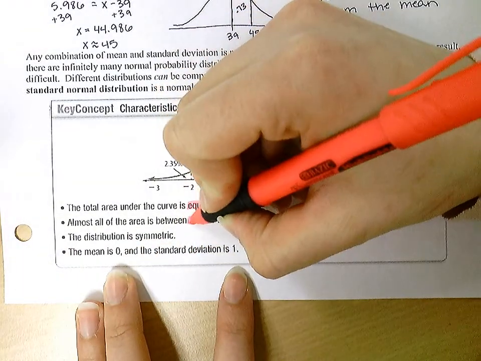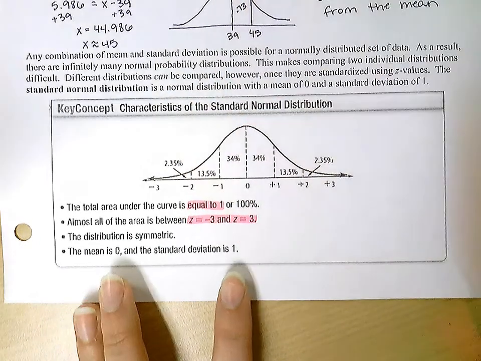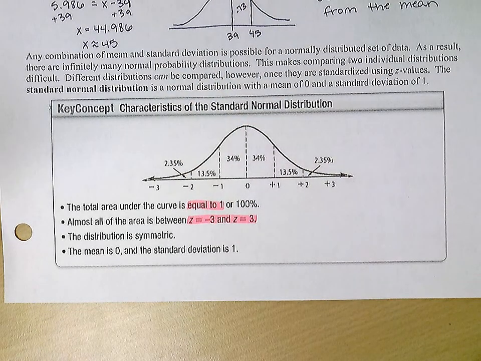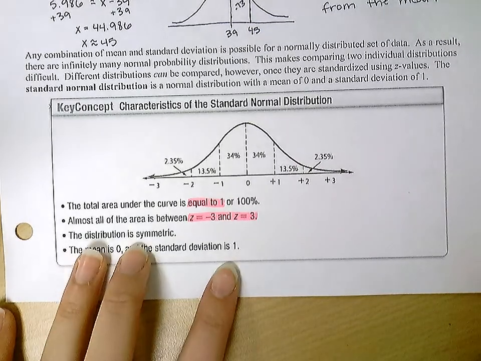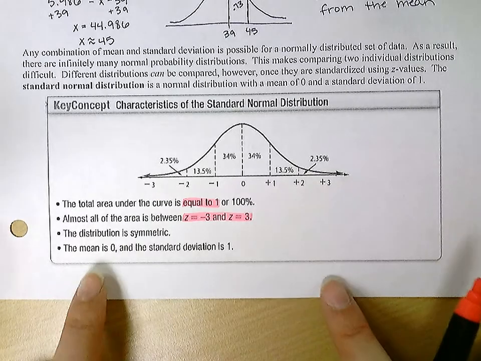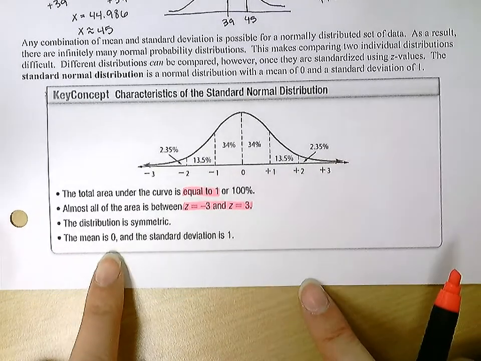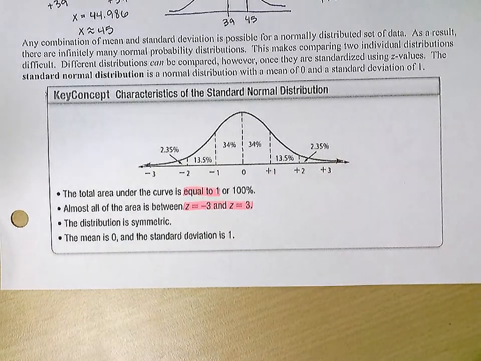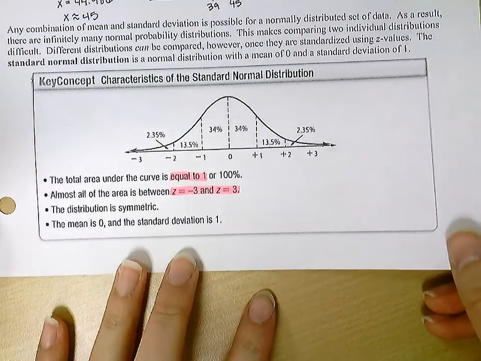So when we enter things into our calculator, we don't want anything less than -3 or greater than 3 as we enter our values. It has to be between those. Your distribution is symmetric, so it's the same on each side of that 0 value. And the mean is 0 and the standard deviation is 1. So we're going to use that normal curve to answer some questions on the back here.